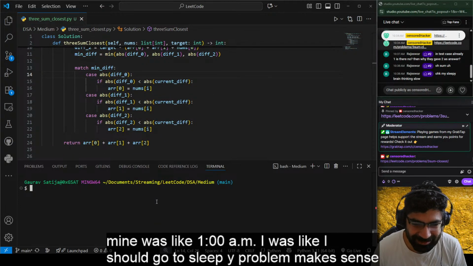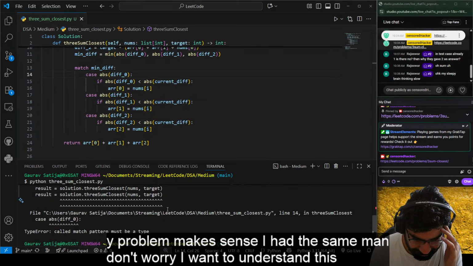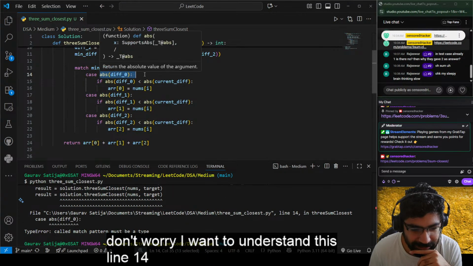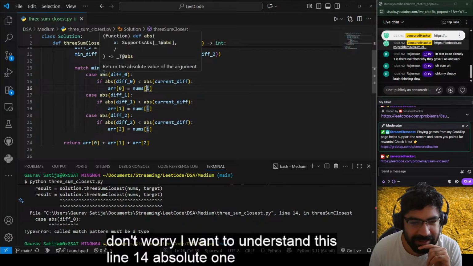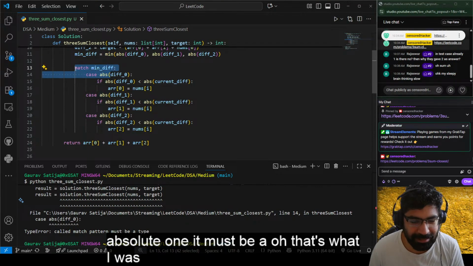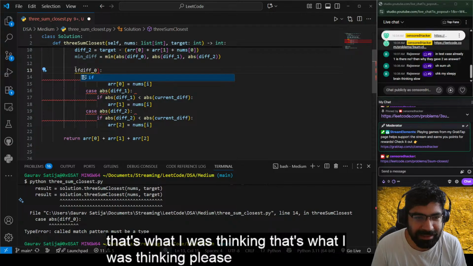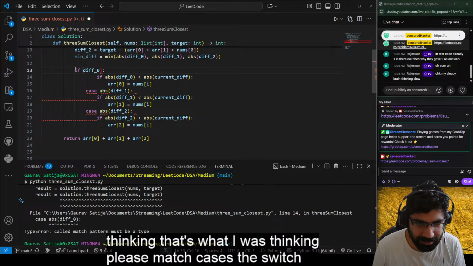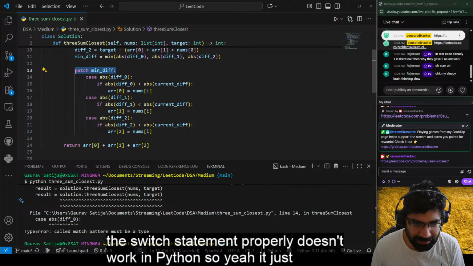Don't worry. I want to understand this, though. Line 14, absolute one. It must be a, oh, that's what I was thinking. With match cases, the switch statement properly doesn't work in Python. So yeah, okay, never mind.